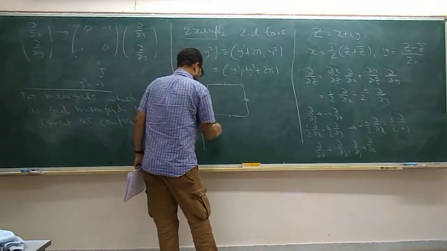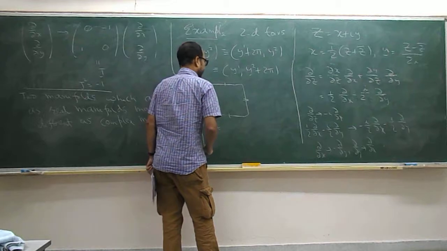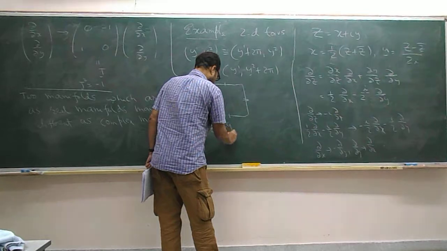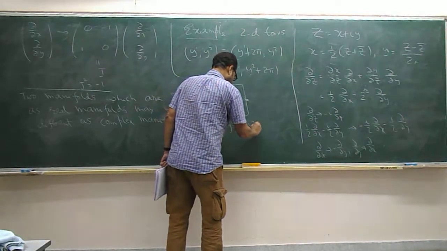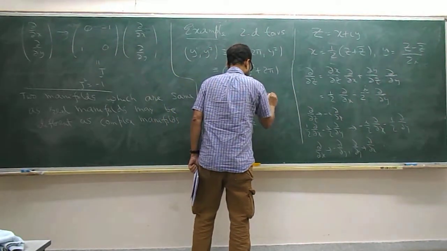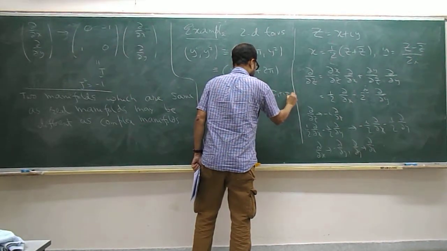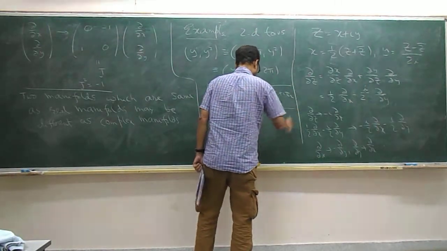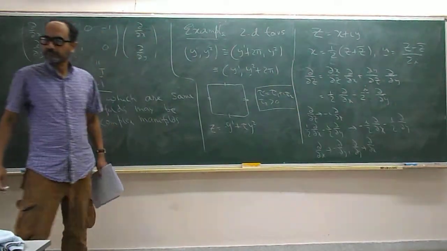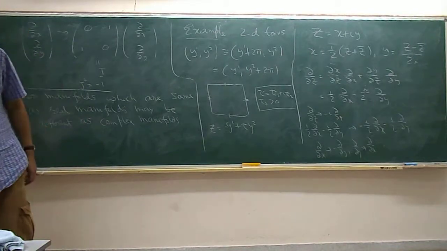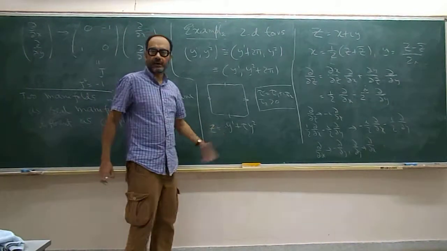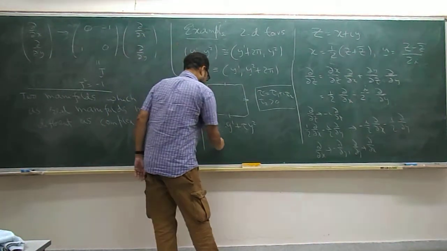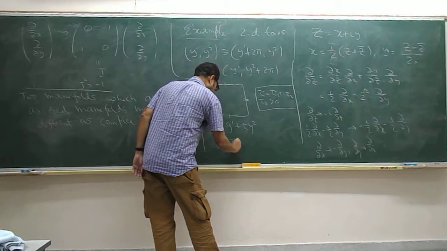Now, suppose we introduce a coordinate system z as y1 plus tau y2, where tau is a complex number, tau 1 plus i tau 2, with tau 2 positive. And we declare these are the complex coordinates. Now this of course doesn't cover the whole coordinate patch.